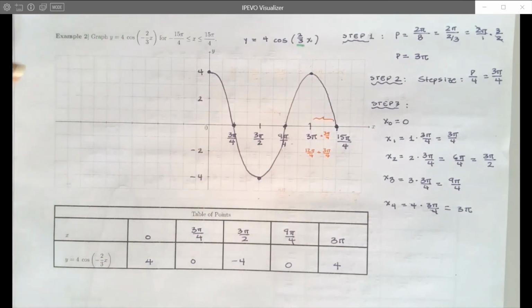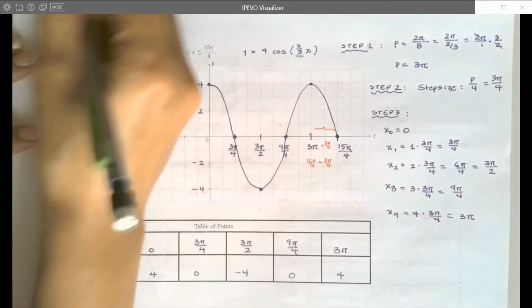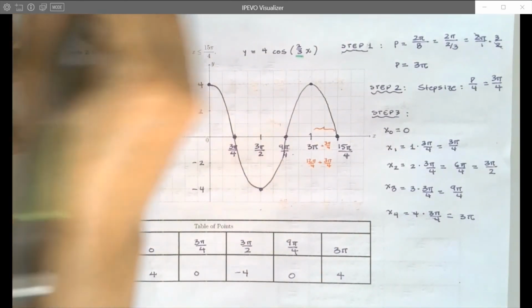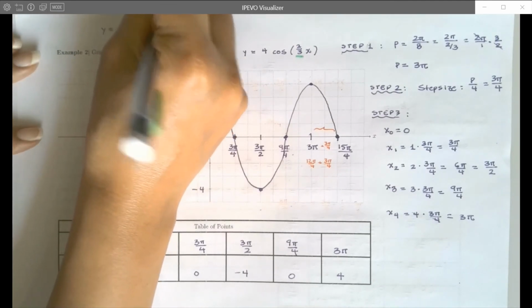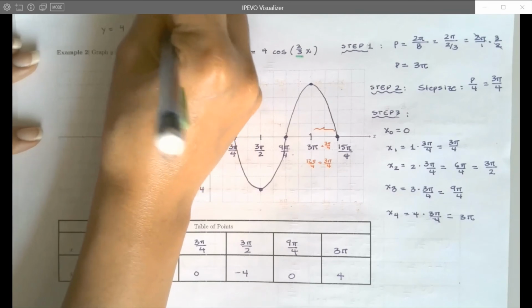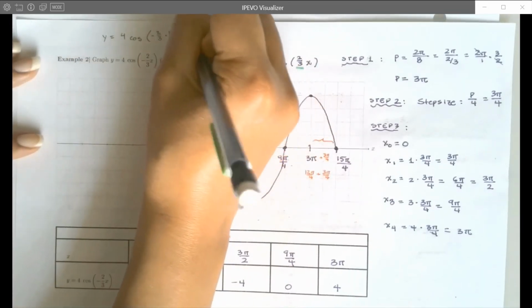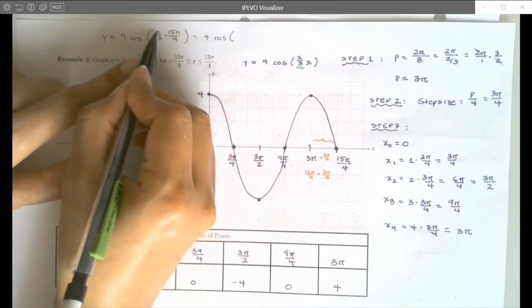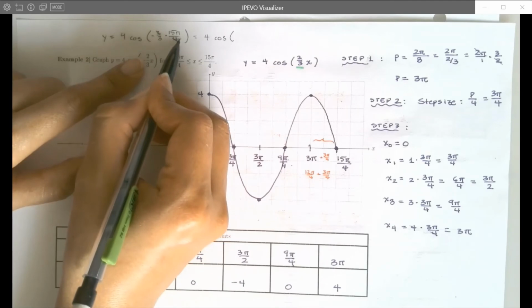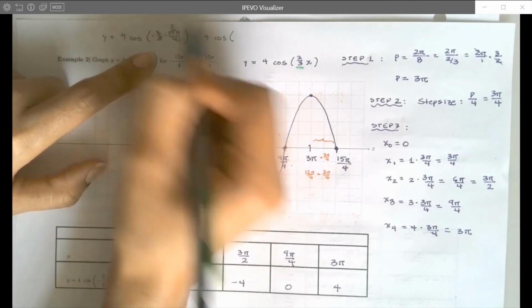But if we plug that into this equation, we're going to get y equals 4 times cosine of -2/3 times 15 pi over 4. And that's going to be a 4 times cosine of, the 2 and the 4 are going to simplify to a 2, the 3 and the 15 are going to simplify to a 5.